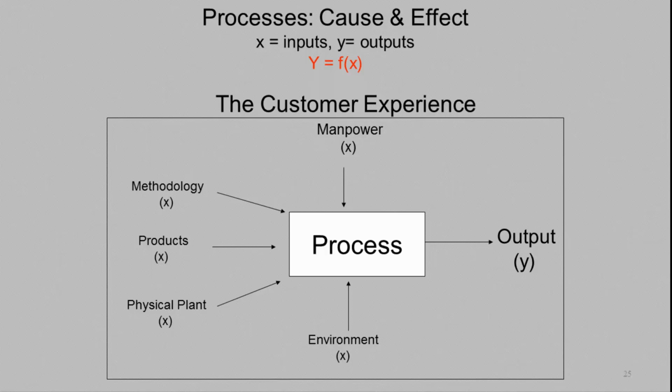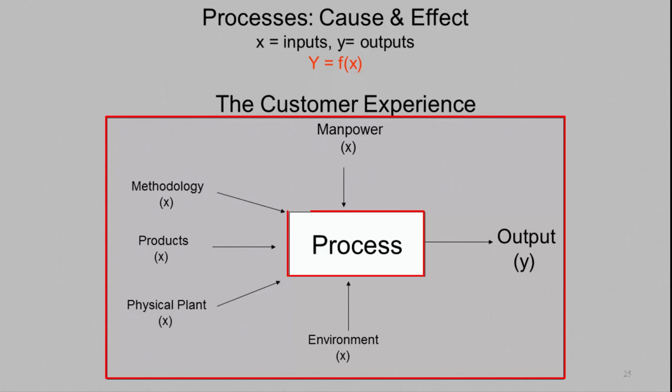If you look at a customer experience in our rectangle here, the bright white area in the middle could be any type of process. That's the beauty and simplicity of this image: you can plug in any type of process, and it forces us to identify the output of this process and the elements of manpower, moving counterclockwise, methodology, how we do things, the products that go in, perhaps raw materials into a production process, the physical plant requirements, could be a warehouse or a factory, and the environment.